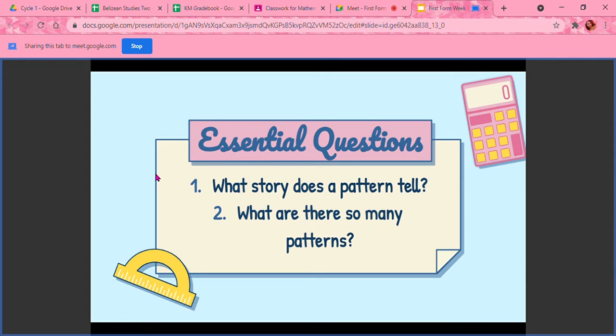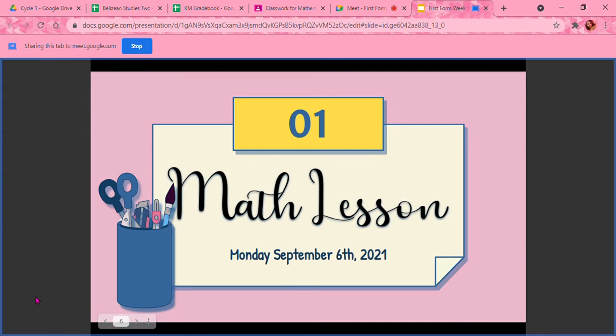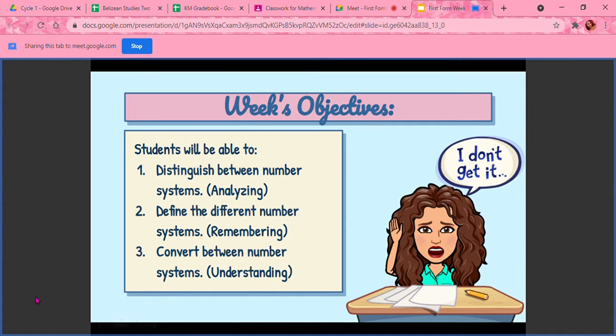Our essential questions: what story does a pattern tell? And why are there so many patterns? So today's lesson, we are going to be distinguishing between number systems.